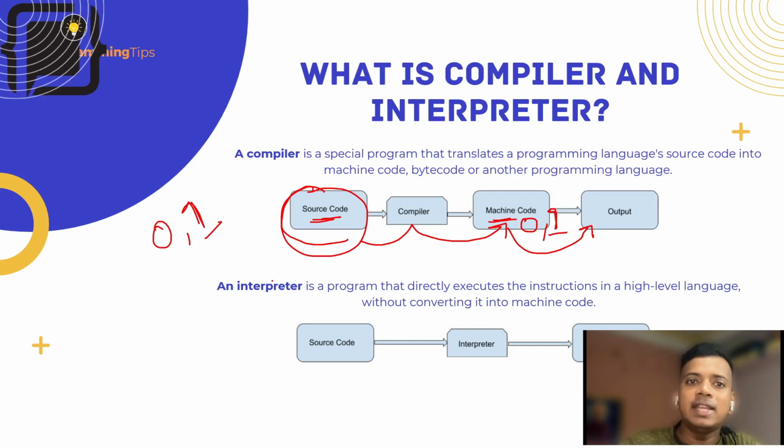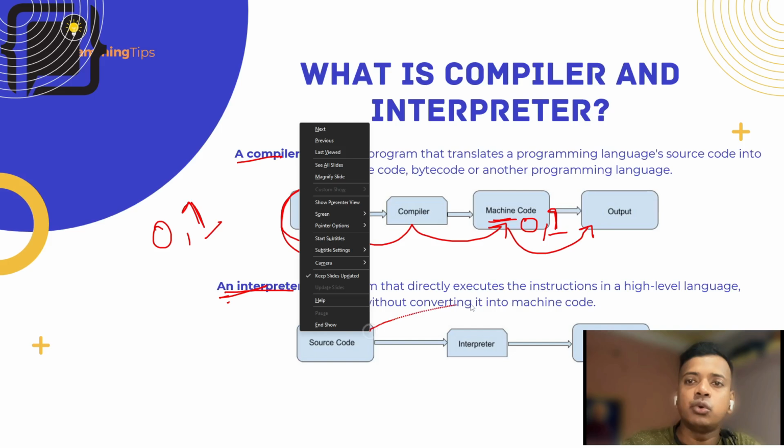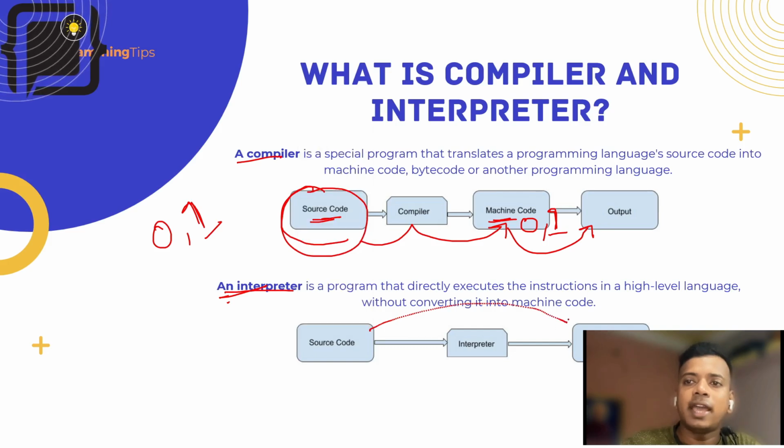And what does an interpreter do? Actually a compiler and interpreter, their working process is a little bit different, but they do the same job. Whatever the compiler does, the interpreter does the same job, but in a different way. The interpreter just converts the source code directly to output.